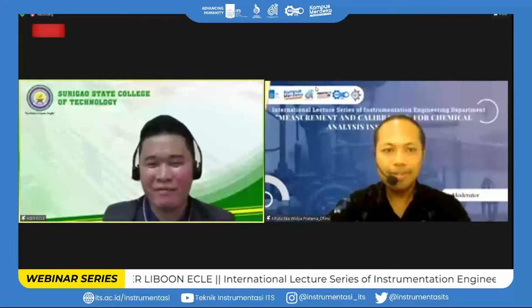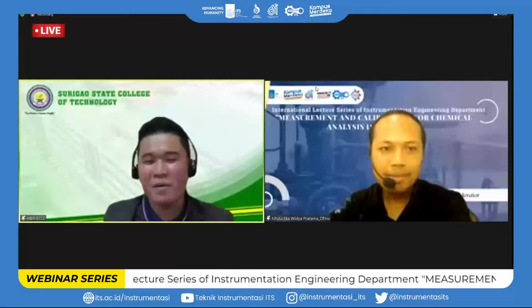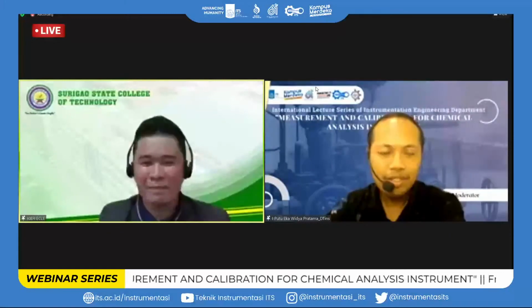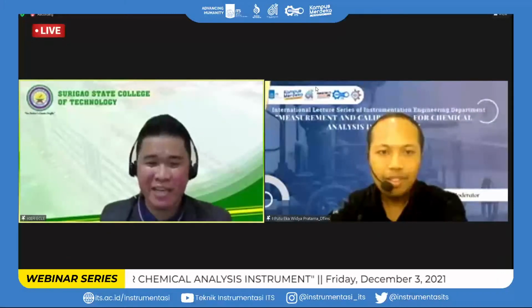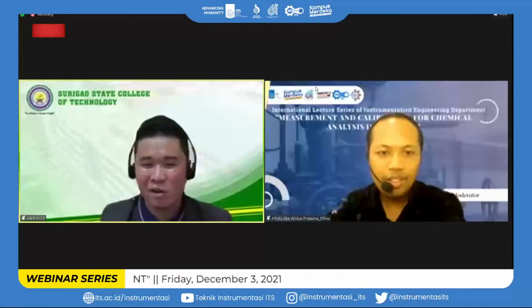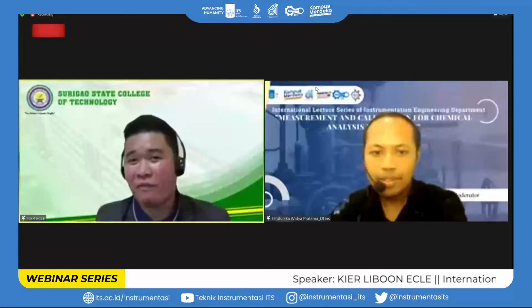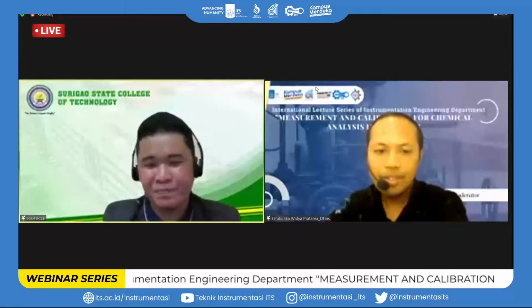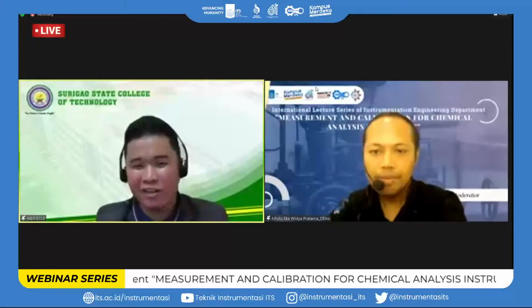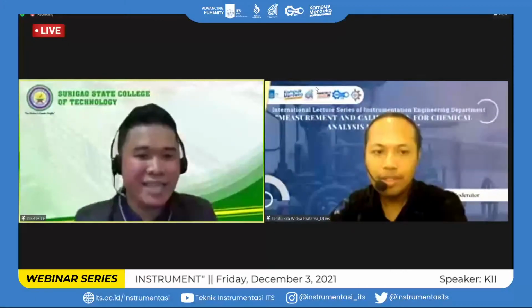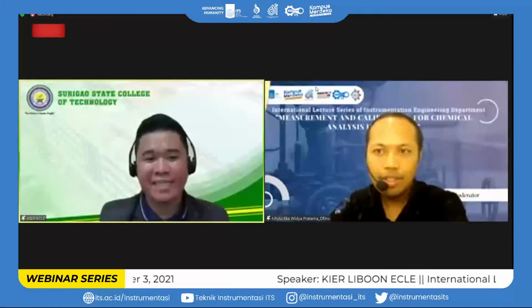For example, as I told you a while ago, if you do not handle the cuvette properly, there will be an error on the absorbance or transmittance reading, because it could affect the result of the absorbance. It could also affect the transmission of light from the instrument. And of course there are random errors, and the other errors that could happen are called systematic errors.